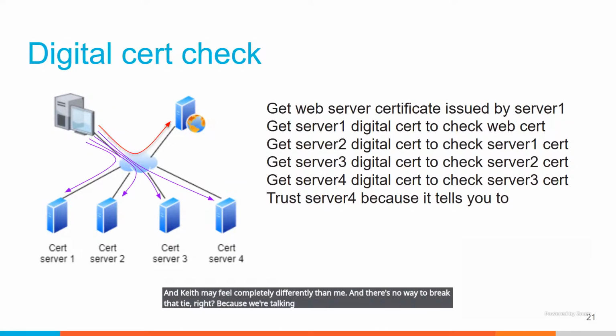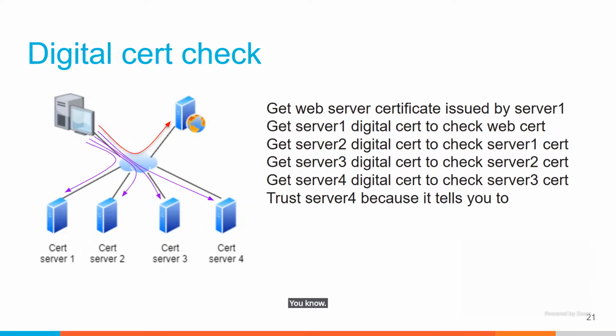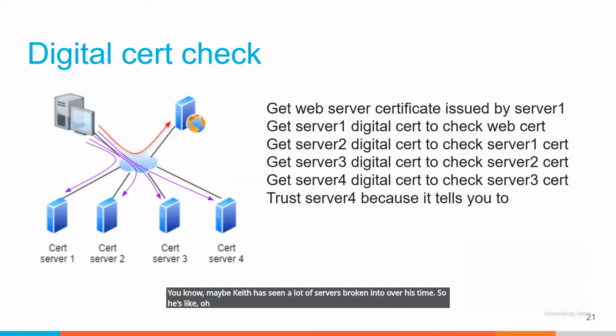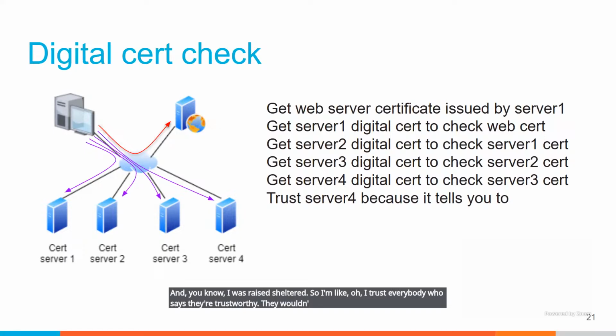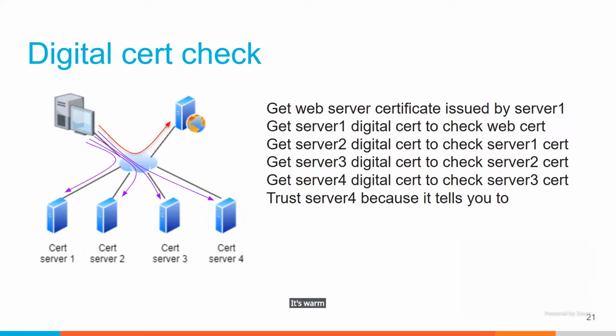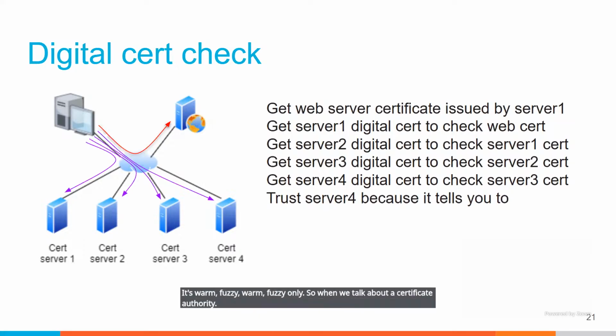We're talking about feelings that are based on past life experiences. Maybe Keith has seen a lot of servers broken into over his time. So he's like, oh, no way, I'm trusting that thing just because it told me to. And I was raised sheltered. So I'm like, oh, I trust everybody who says they're trustworthy. They wouldn't lie to me. So I trust it and he doesn't. And there's no math to prove which one of us might be right. It's warm fuzzy only.